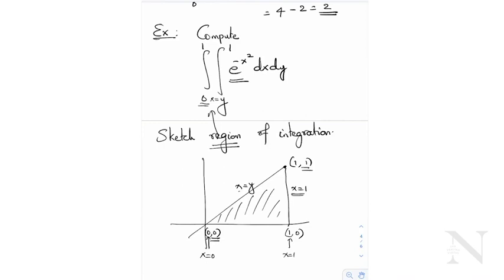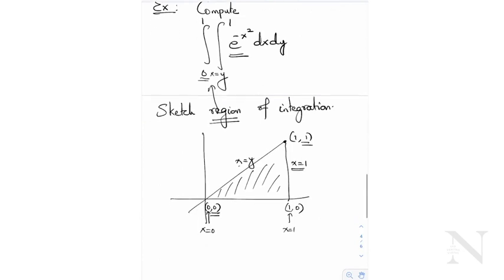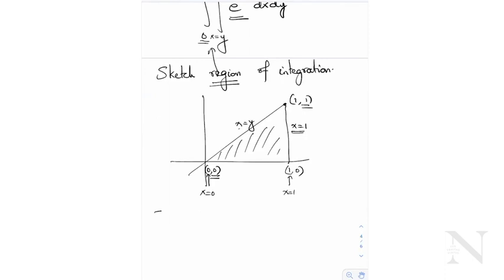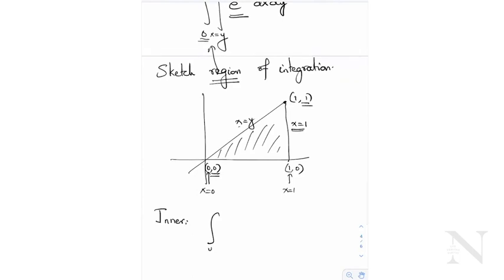Okay, so this is the region. If you were to do this double integral, just like what you were doing so far, you do the inner integral first: the integral from y to 1 of e to the power of negative x square dx.